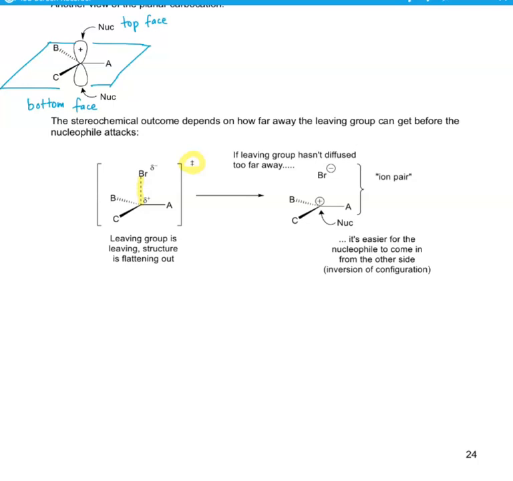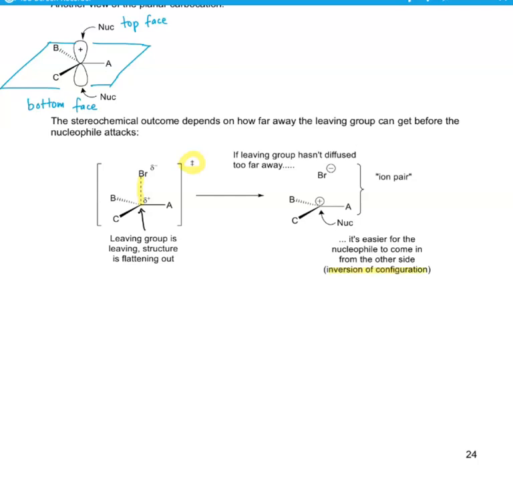The structure is beginning to flatten out as this carbon rehybridizes. So if the leaving group doesn't get too far away, it's going to be easier for the nucleophile to come in from the other side, the other face, opposite where the leaving group is still kind of hanging out. That would be an inversion of configuration.